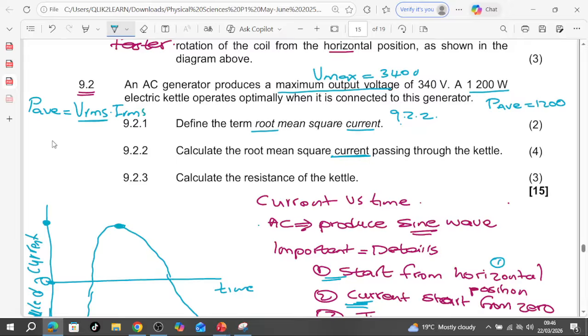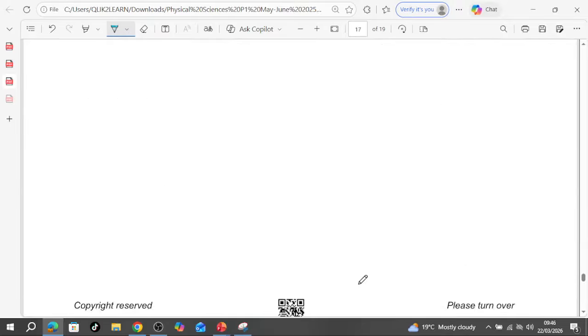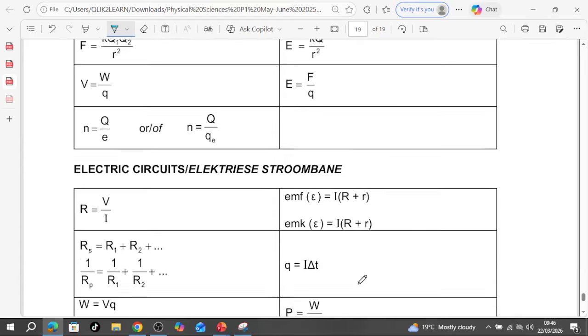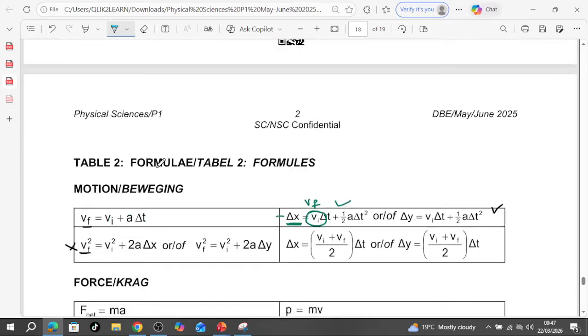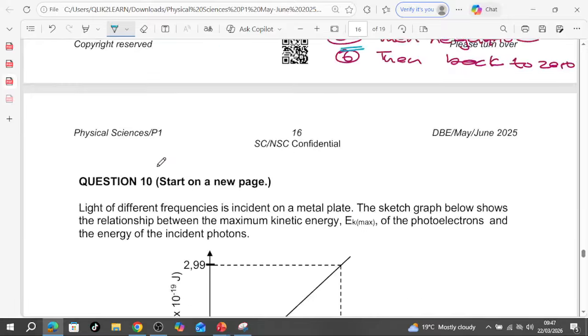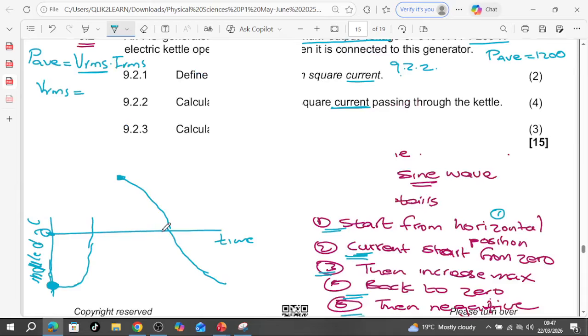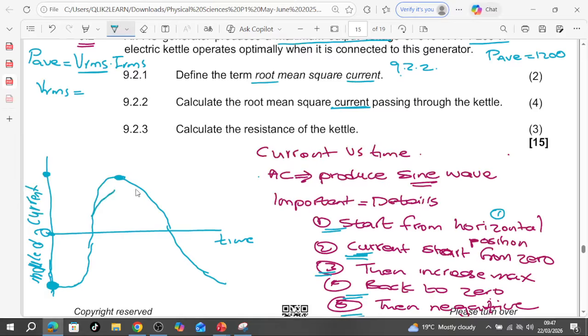To find that, VRMS is equal to Vmax over root 2. The formula is there on your formula sheet. VRMS is equal to Vmax all over root 2. So let's quickly put that there and calculate this so that we can end the lesson.